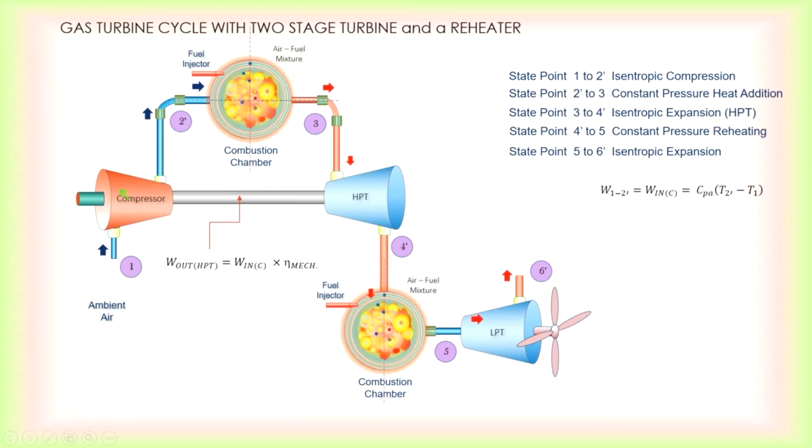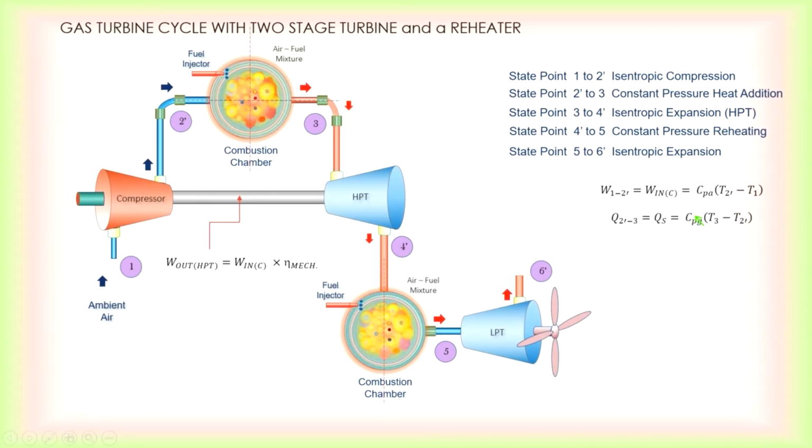For any isentropic processes like the compressor, HPT, and LPT, you can use another way of solving the problem: the table from the Yunus Cengel textbook, the second table, where you can find the enthalpy based on the relative pressure. So that is your work in.